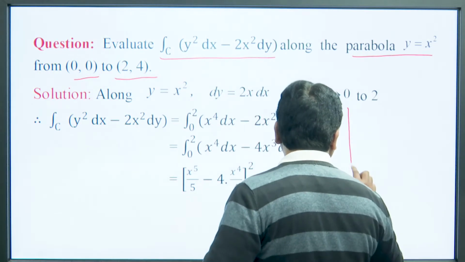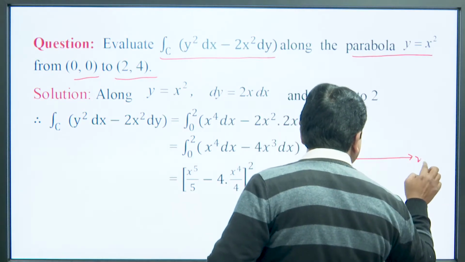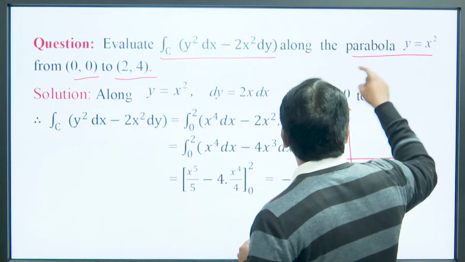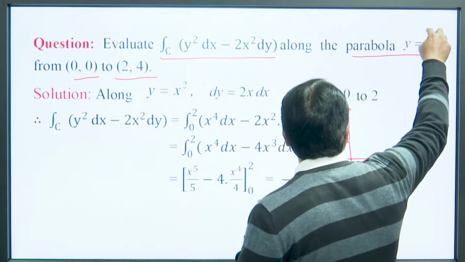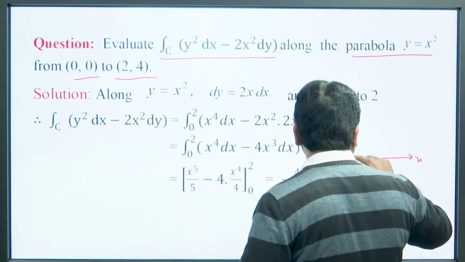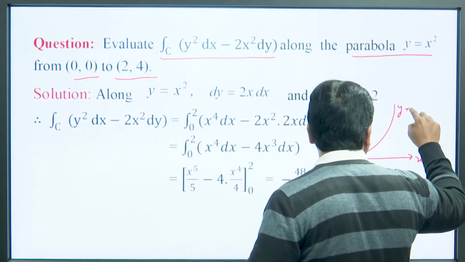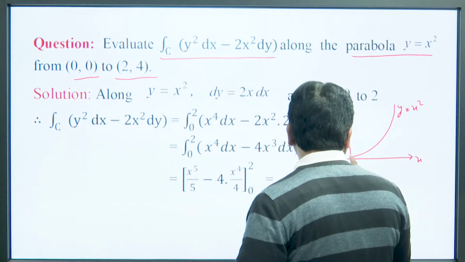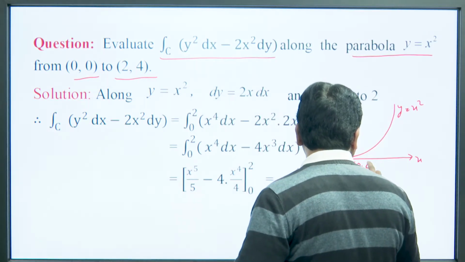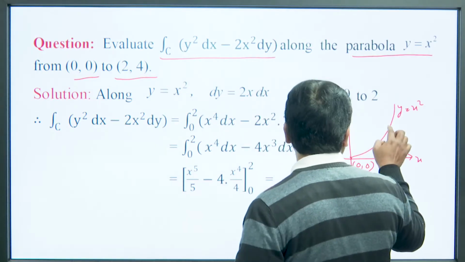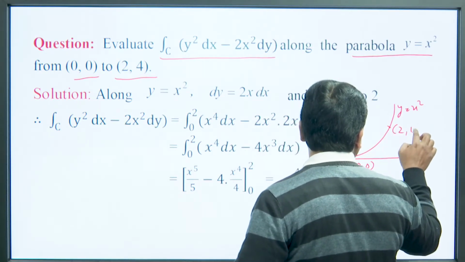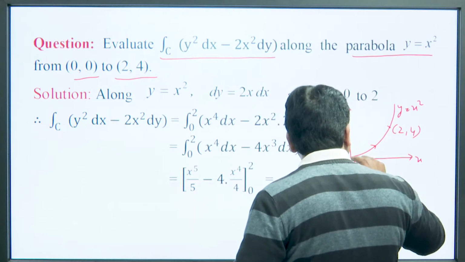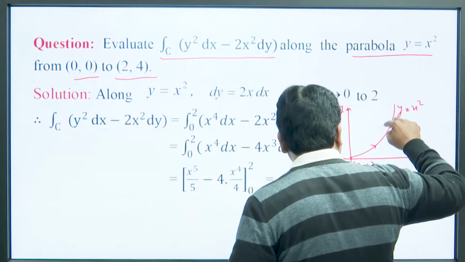Here this is the x axis, this is the y axis, and we have to evaluate the integral along the parabola y equals x squared from the point (0,0) to the point (2,4). So we have to find the integral from this point to this point along this curve.